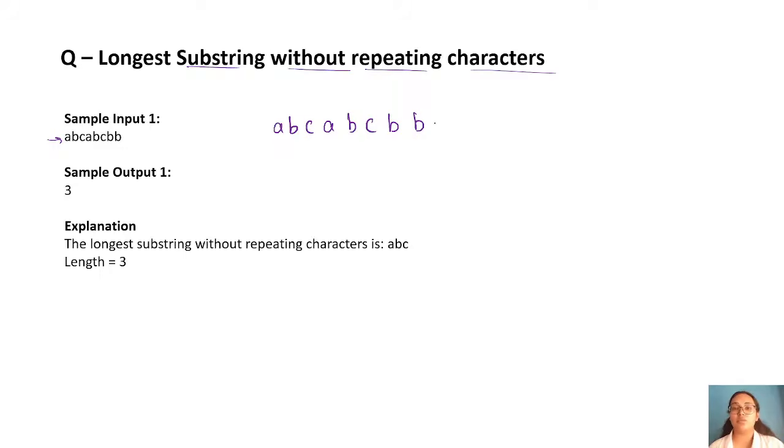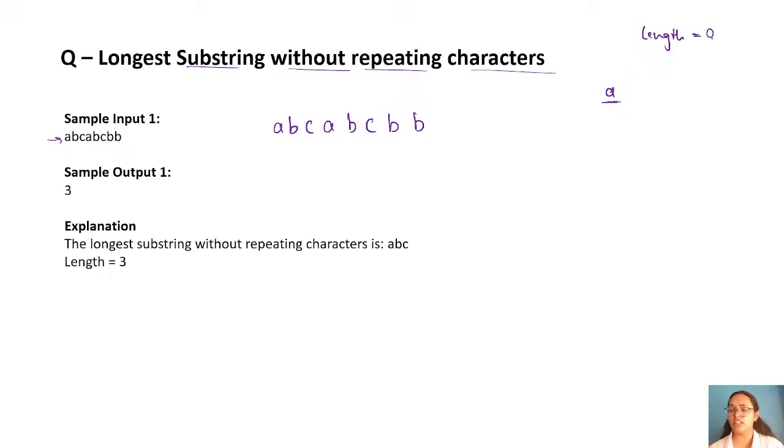What I'll assume is, let's start with the first character, that is A, right? So I considered the first character A, and this is also a substring, right? Now let's have one variable named length.